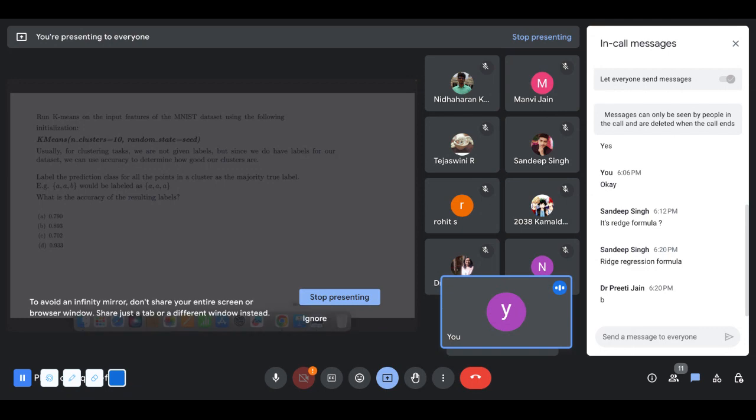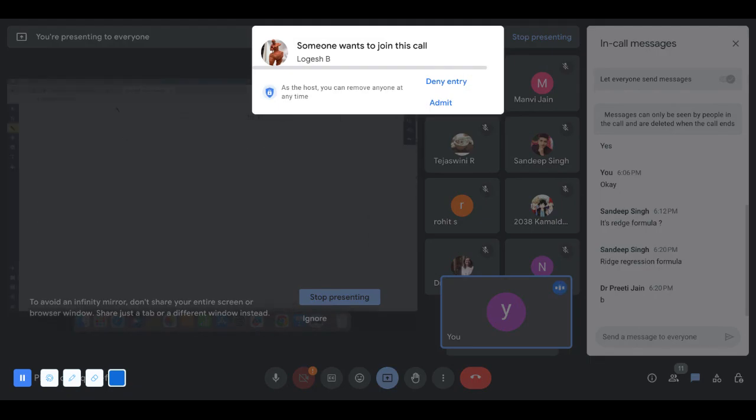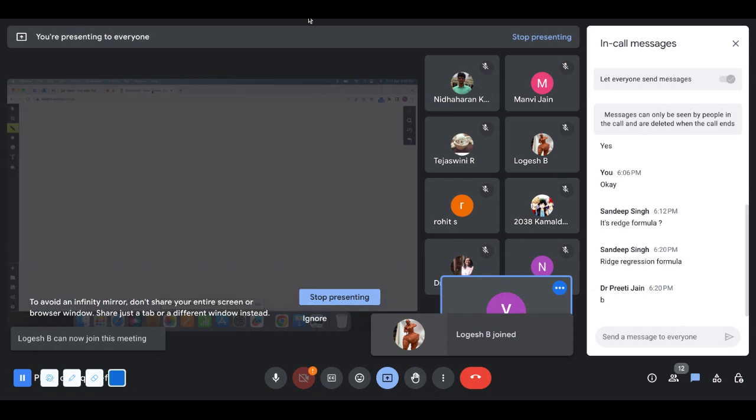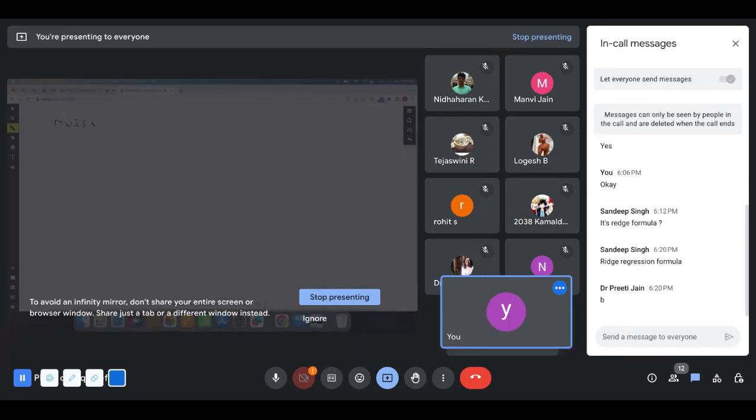So, let's go to this. MNIST is a digit data set. If you look at this data set, you have zeros, one, two, three, four, five, six, seven, eight, and nine.